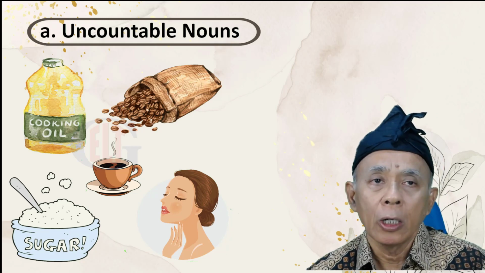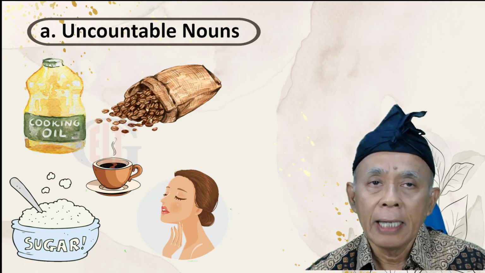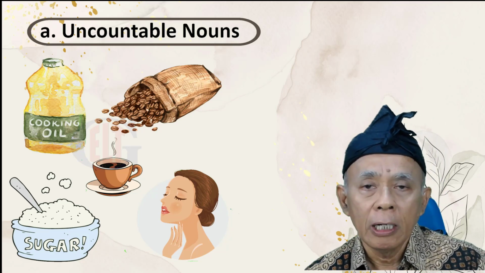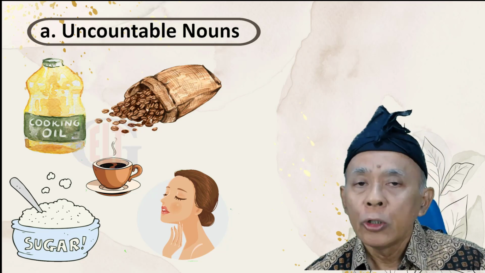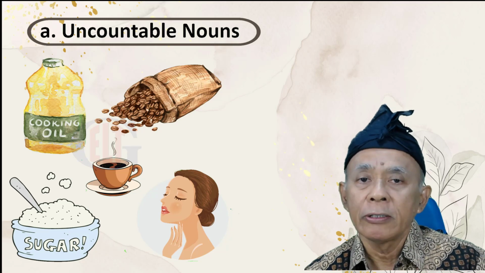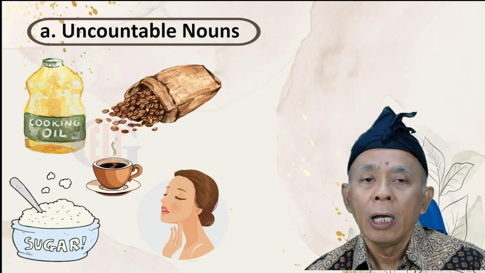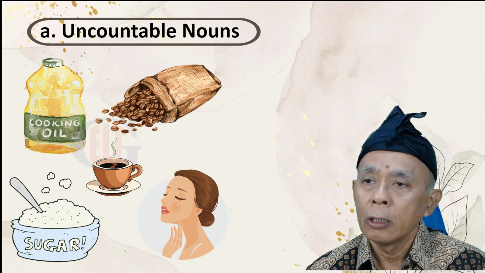We have cooking oil. Oil here is uncountable. We cannot count 1 oil, 2 oils, 3 oils. And then we have sugar. We have a bowl of sugar here. Sugar is uncountable. We cannot say 1 sugar, 2 sugars, or 3 sugars. You can only say a bowl of sugar to show the number.